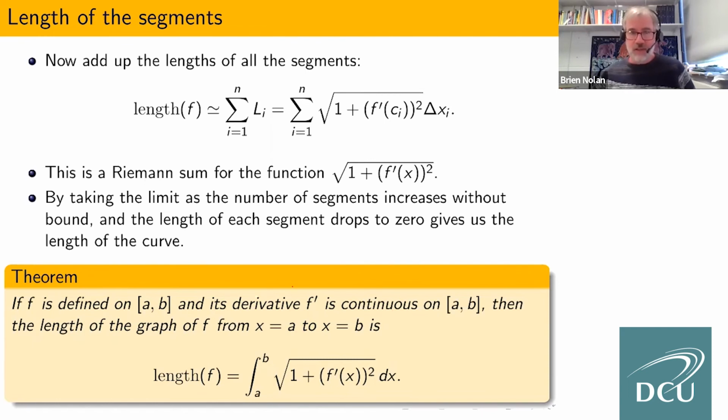So if f is defined and its derivative f prime is continuous, then the length of the graph is given by this integral: the integral from a to b of the square root of 1 plus the square of the derivative of f. And it makes you wish that we were still studying areas where we just have to integrate f from a to b. Curiously enough, it turns out that the formula for length, even though length is somehow more fundamental, is more complicated.